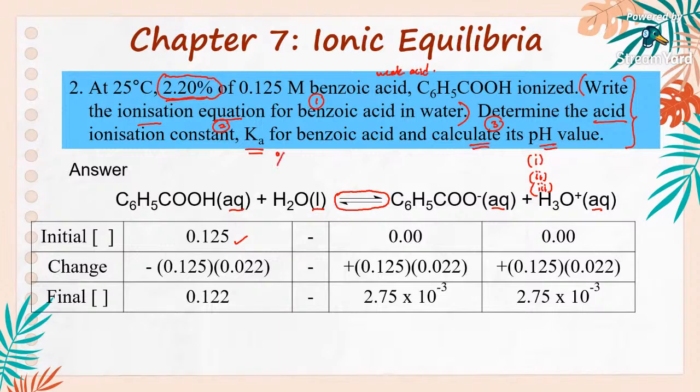So you know the percent ionization equals the change, X over C, correct? By substituting the values in here, you can find the value of X. So your X will be the ionization times the concentration.